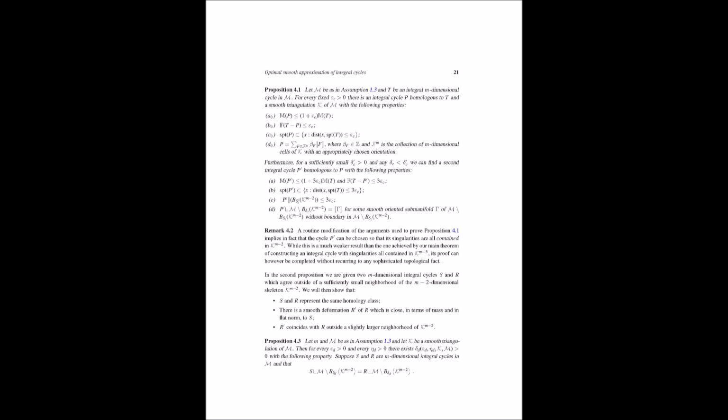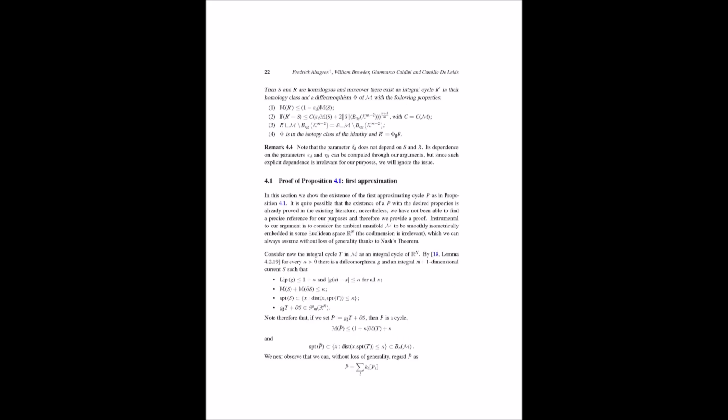Let's move on to pages 15 through 20, where we encounter lemmas 3.1, 3.2, 3.3, and 3.4. Right. These seem to be laying the groundwork for the main event. They are. These lemmas are all about carefully constructing special neighborhoods and maps around the skeleton of the triangulation we talked about earlier. Right.